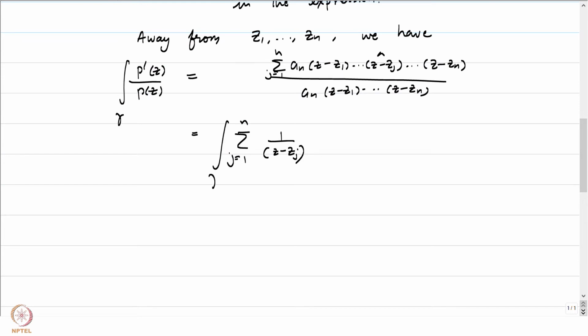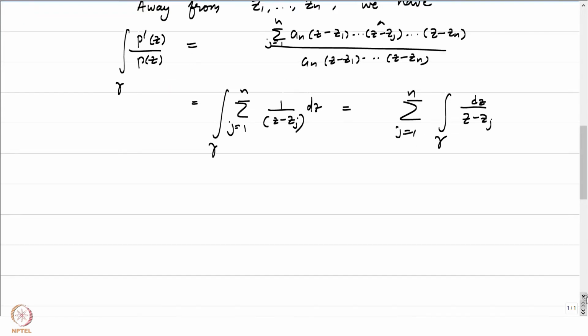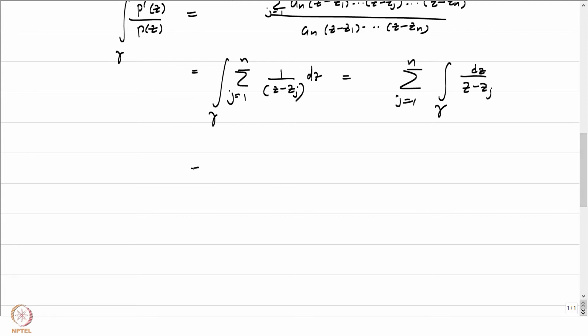We need to look at what this integral over gamma is. So that's going to be equal to the sum over j from 1 to n of the integral over gamma of dz by (z minus zj), and that's precisely going to be equal to the sum of the winding number of gamma around each of these zj.